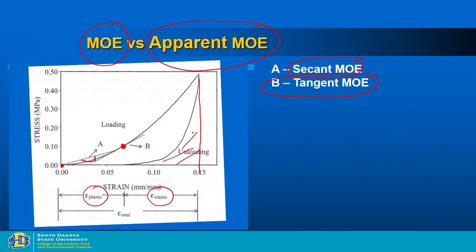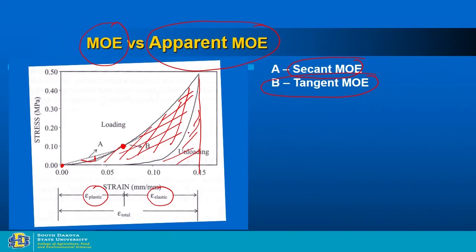This area over the total area is the percentage of elasticity, and this is the lost energy, which is plasticity, because this cannot be recovered. This is all lost.